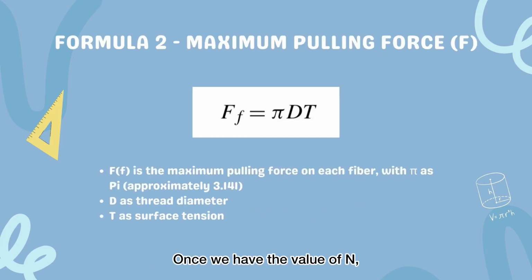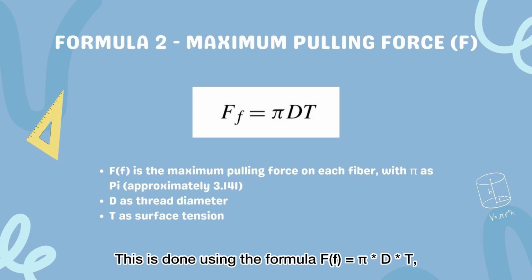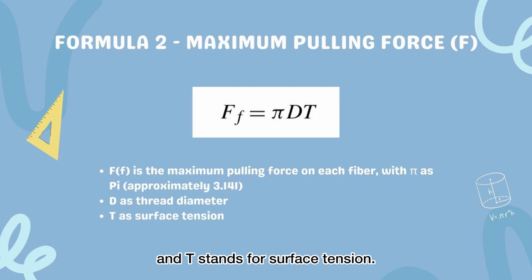Once we have the value of n, we can proceed to calculate the maximum pulling force on each fiber. This is done using the formula F equals pi multiplied by d multiplied by t, where pi represents the mathematical constant pi, d is the average diameter of the threads, and t stands for surface tension.